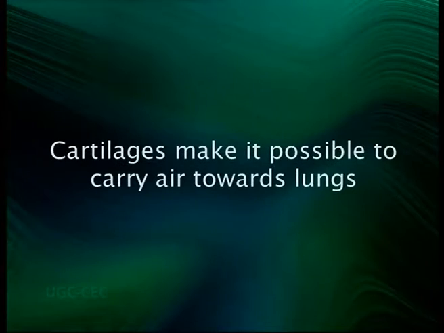These cartilages perform a very important function. What is that function? The trachea is lined with mucus, and in the absence of these cartilages it would have been impossible to carry the air to the lungs, which would otherwise have collapsed.